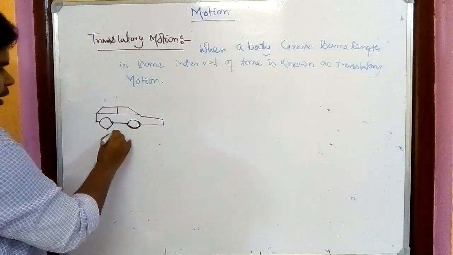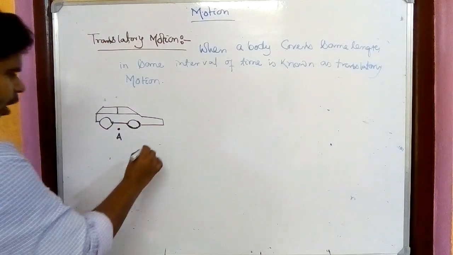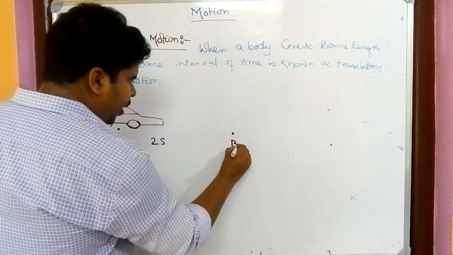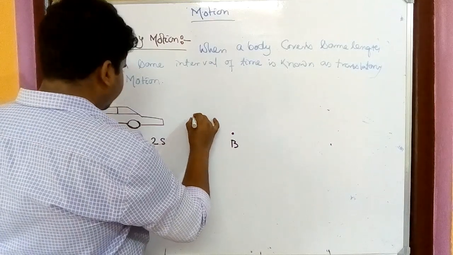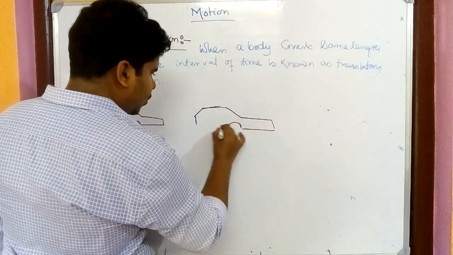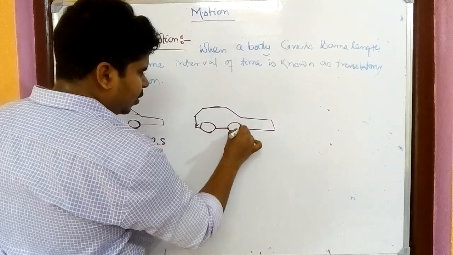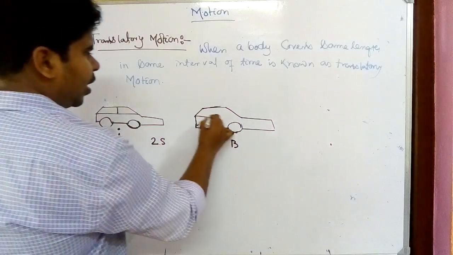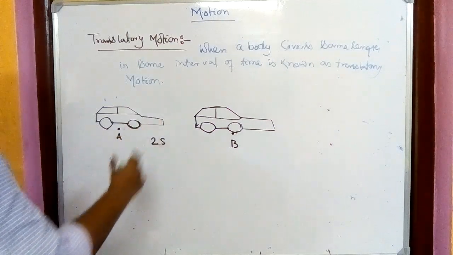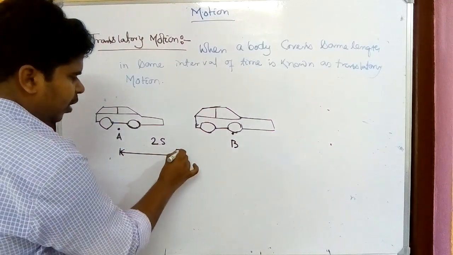It is here at point A. After 2 seconds, the car is here at point B. Whatever drawing you see, a different car appears each time, which is possible only in a drawing, not in real life. So after 2 seconds the car comes to point B, and the length from A to B, what is the distance it covers? Assume it is 50 meter.